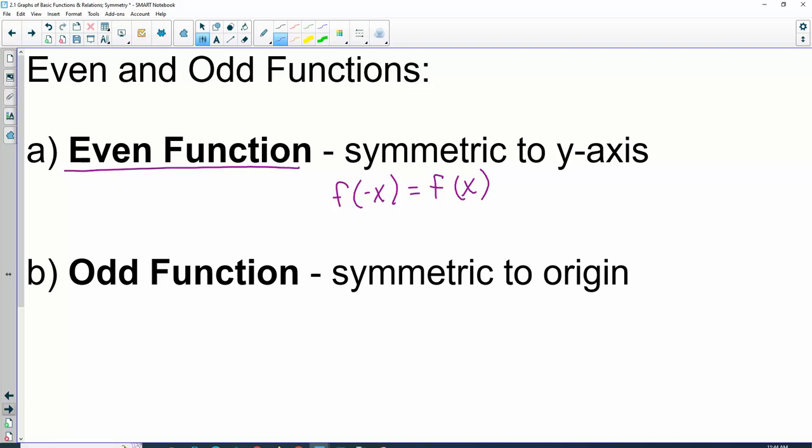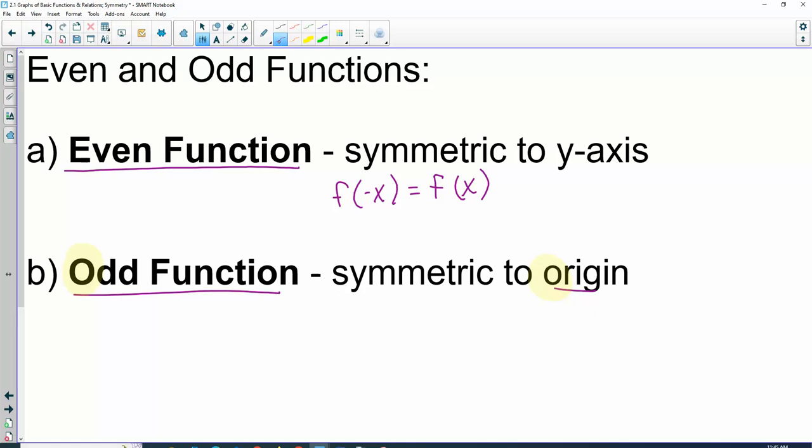This is going to be very useful on the Math Excel. There's a lot of questions where it just has you pick something from a drop-down menu, so it'll say this function is even or odd, and you select the one, and then it's going to have these for your definitions, so make sure you jot those down. Odd is the same as symmetric to the origin, so I just always remember odd is origin, okay? And those are opposites, odd, origin, opposites.